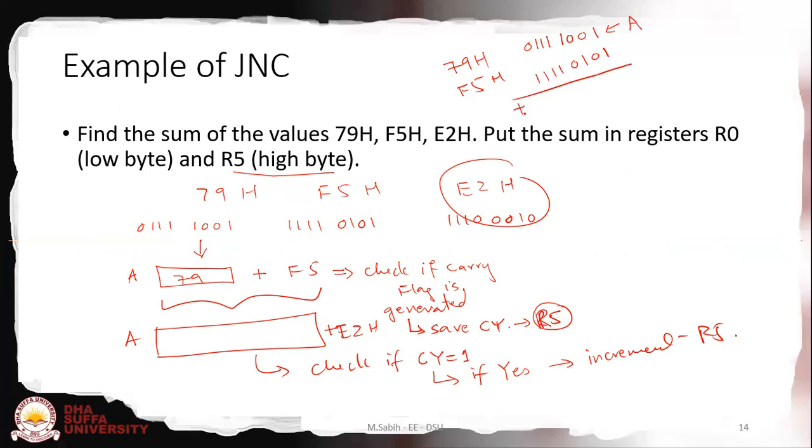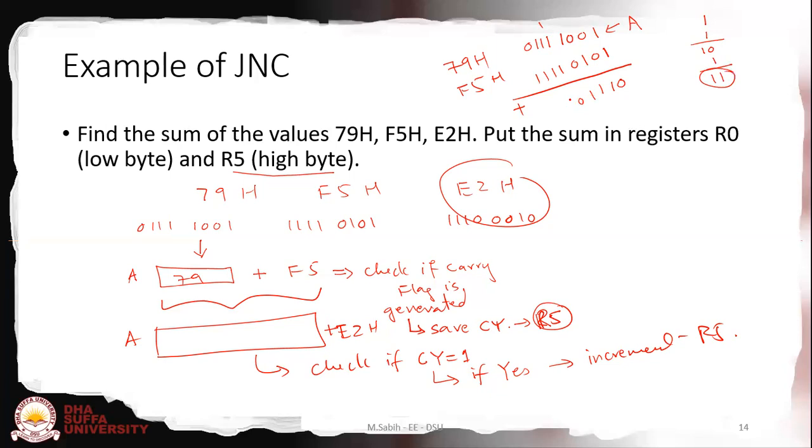If I add these two, what I'm going to get is 1 and 1 goes 0 and carry 1, then 1 comes here, then 1 here, then 1 and 1 will go 0 and 1. This time 1 and 1 goes 1, 0, and 1, 0 added with 1 will be 1, 1.